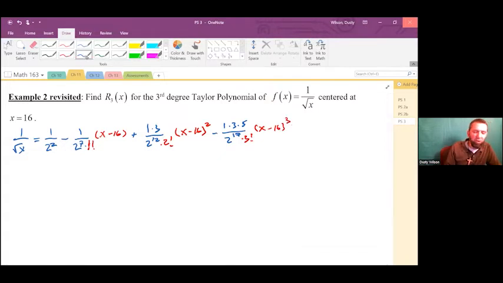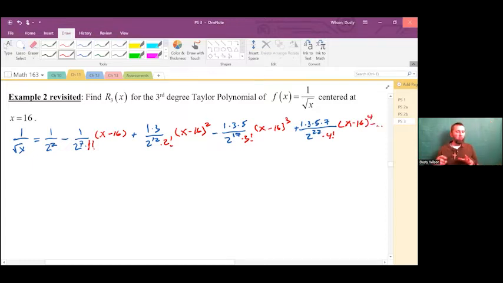And this is our third degree polynomial, but we could keep going, right? We could say plus, the next one would be 1 times 3 times 5 times 7 over 2 to the 22nd times 4 factorial times x minus 16 to the fourth, minus dot, dot, dot.